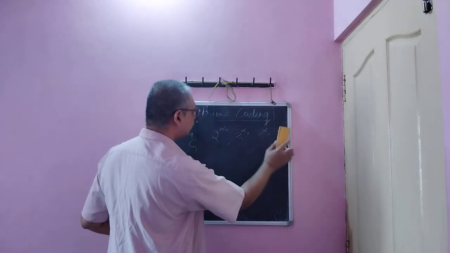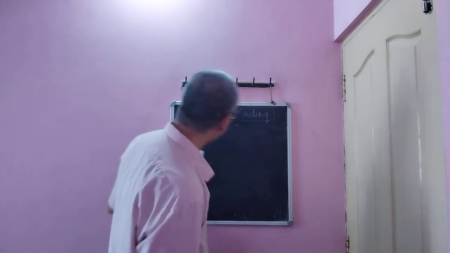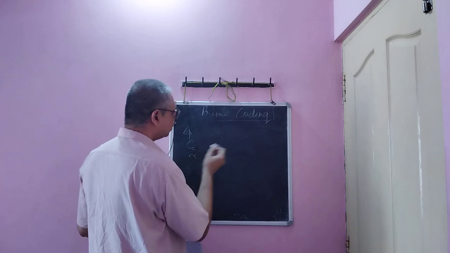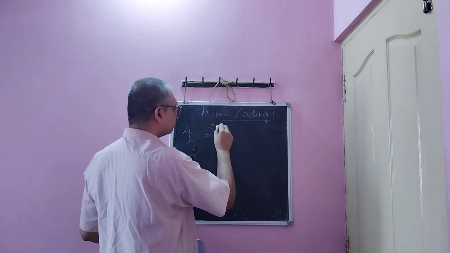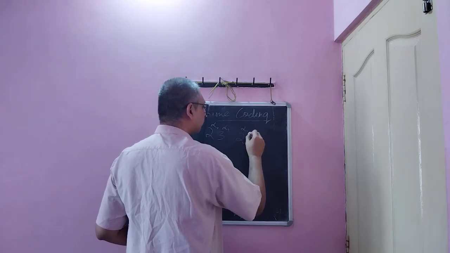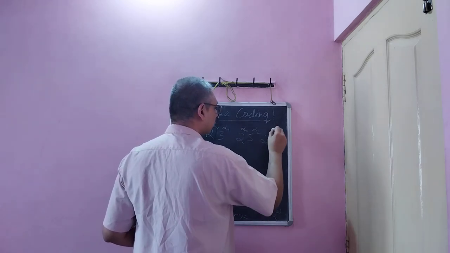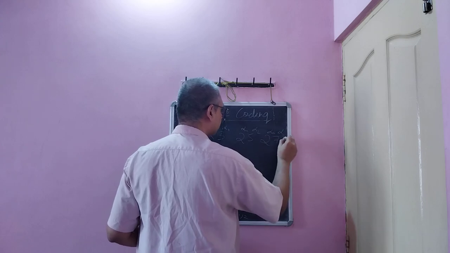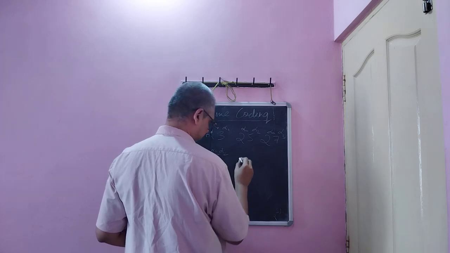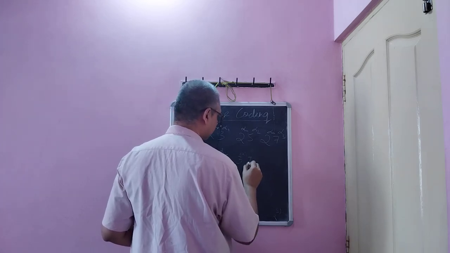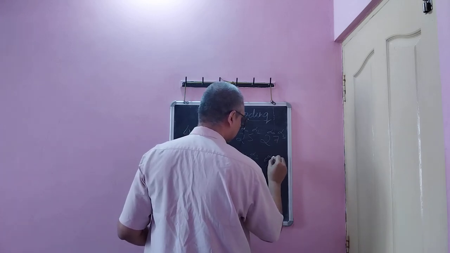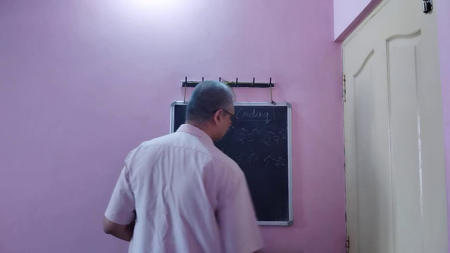Similarly, we consider 4C2. For 4C2, like we just saw earlier, there will be 2 power alpha naught, 3 power alpha 1, 2 power alpha naught, 5 power alpha 2, 2 power alpha naught, 7 power alpha 3, 3 power alpha 1, 5 power alpha 2, 3 power alpha 1, 7 power alpha 3, and 5 power alpha 2, 7 power alpha 3.